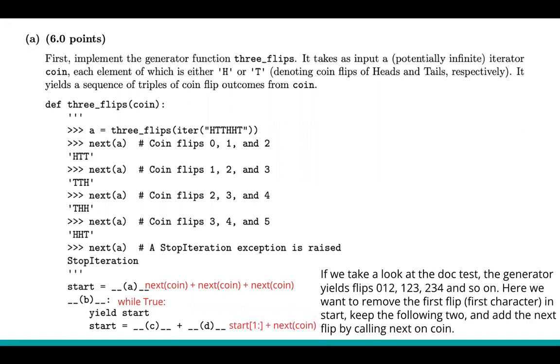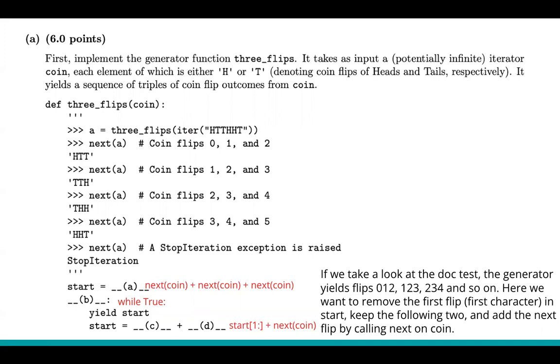And then finally, if we look at the doc test again, we see that the generator yields flips 0, 1, 2, and then 1, 2, 3, and then 2, 3, 4. So in each case, we're removing the first flip, which is also the first character in the variable start, and then we keep the next 2. We keep the second and third flips, and then we tack on a new flip by calling next on coin. We can do that by taking a substring from start by doing 1 colon.